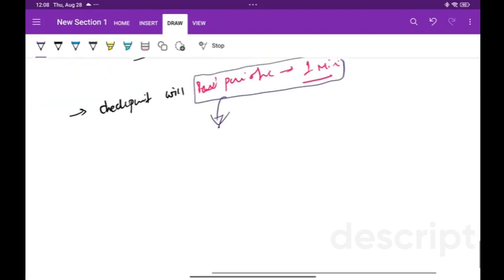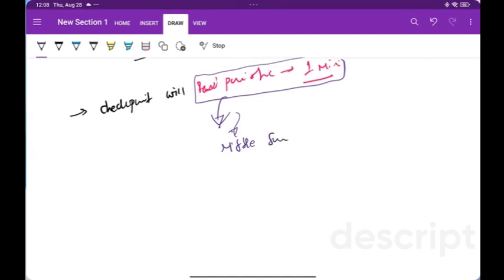And in the middle, some crash of the application happens.